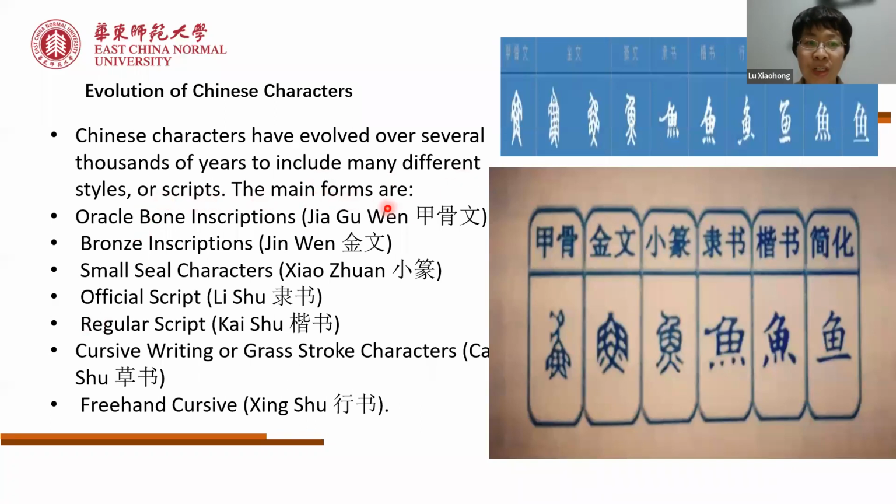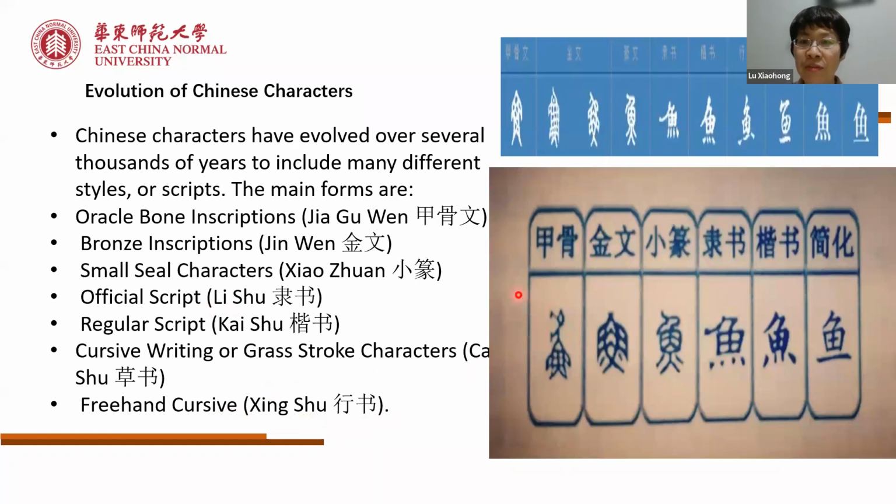The main forms are oracle bones, in Chinese jiaguwen, bronze inscriptions, jinwen, the small seal characters, xiaozhuan, official script, li shu, regular script, kai shu, cursive writing, or grass stroke characters, and we also have freehand cursive writing.